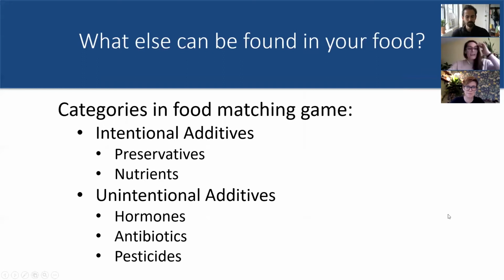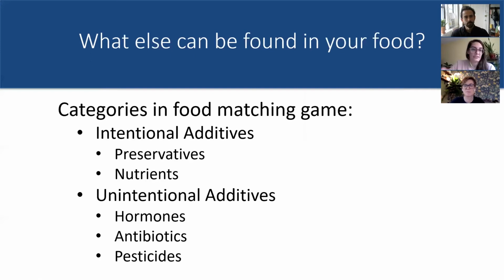All right, so before we get into the activity, I just want to draw the distinction between different types of additives. So there are actually two categories of additives in our food. Intentional additives, which include preservatives and nutrients. And intentional additives are those that serve a purpose, such as keeping food fresh or enhancing its flavor.